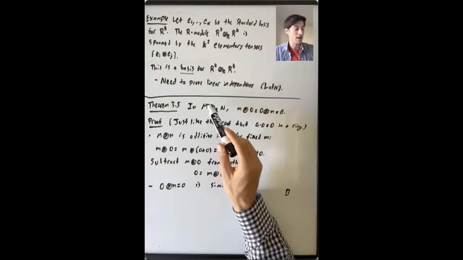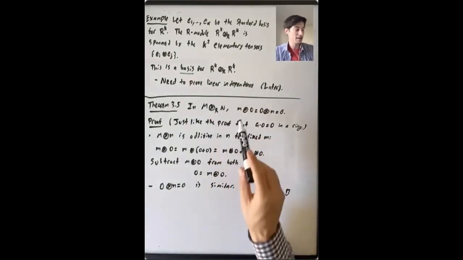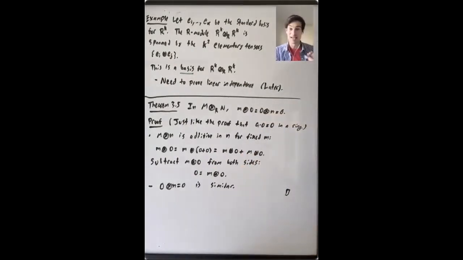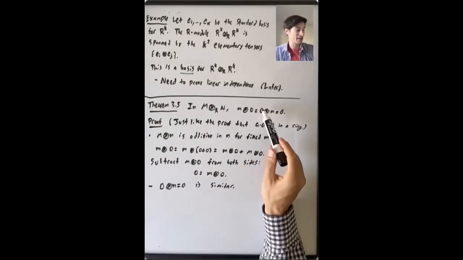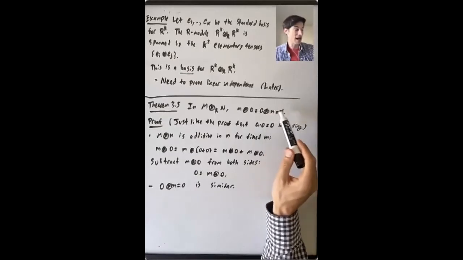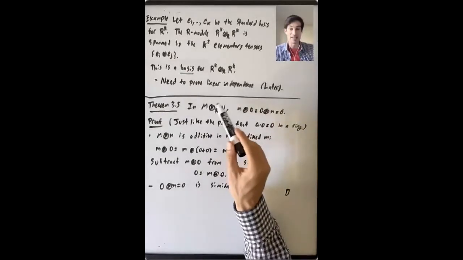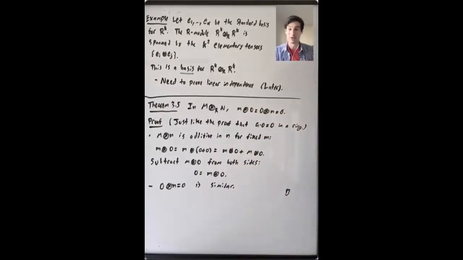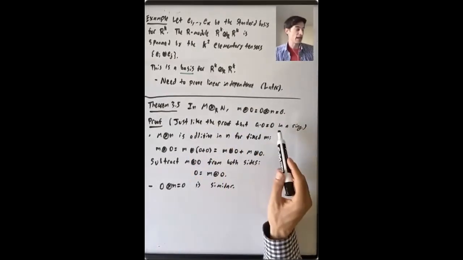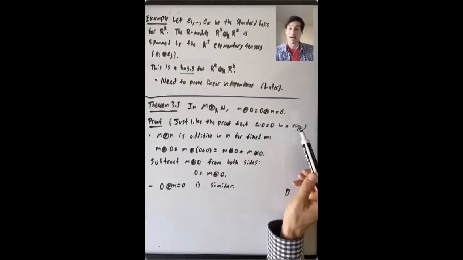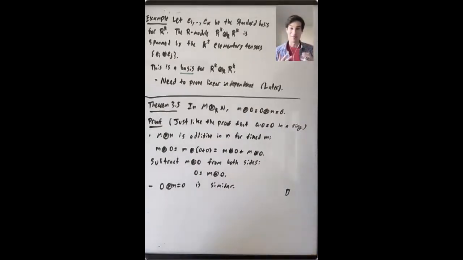So in M tensor N, if you take the elementary tensor m tensor 0, that's the same as the elementary tensor 0 tensor n, which is 0, by which I mean the additive identity of this R module. How does this proof go? This is just like the proof that a times 0 has to be 0 in a ring. So if you remember how that proof goes, this goes the same way.